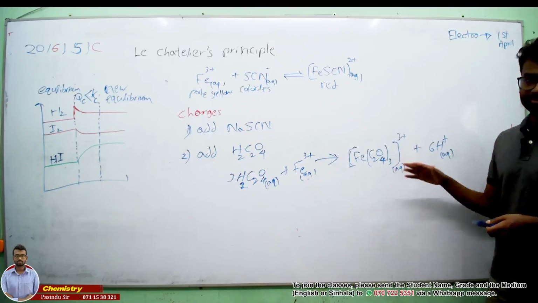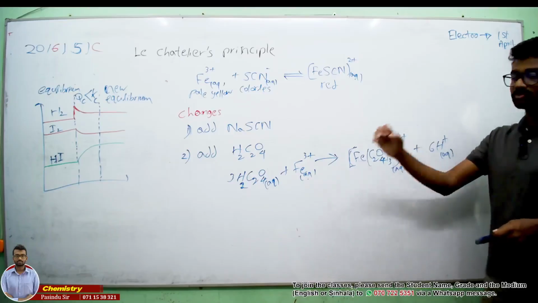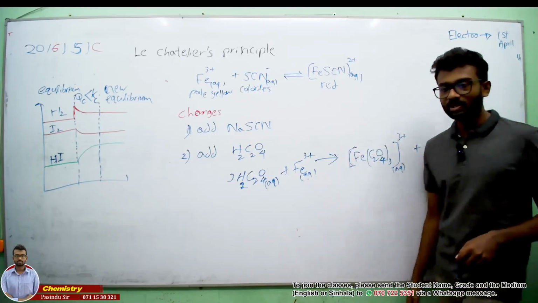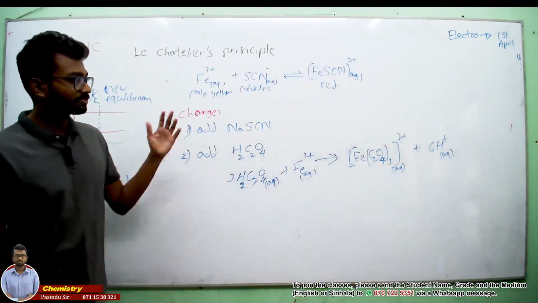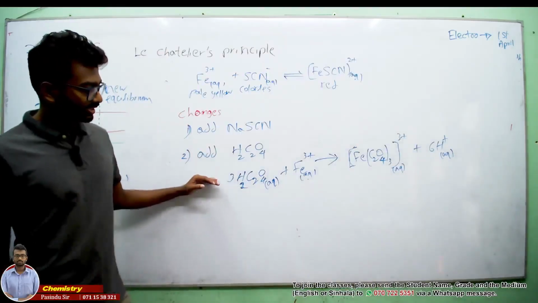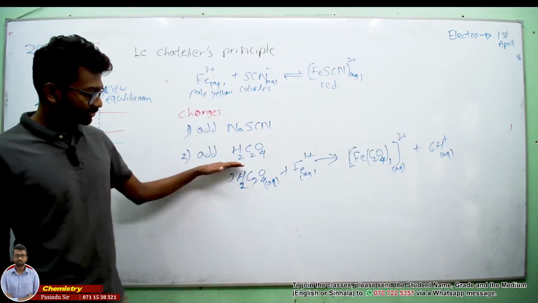This is the reality. This is the way we reduce something in a system. You can't remove Fe3+ using your hand. We have to add a compound and then you can remove it from the system. This is the reaction. So first explain what happened due to H2C2O4.